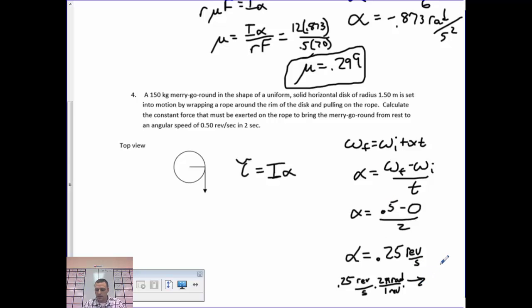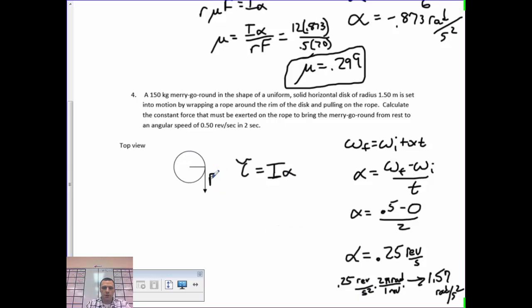What do we end up getting? 0.25 times 2 times pi, about 1.57, and that's radians per second squared. I forgot the square. And then we're going to come over here.